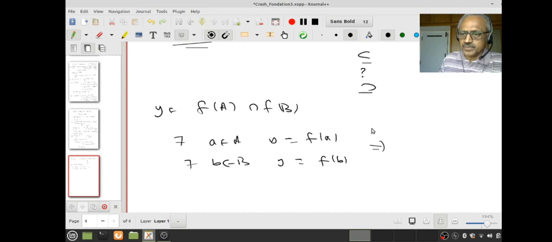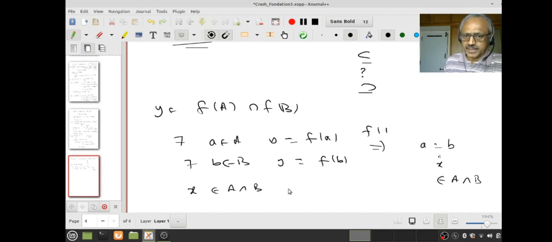Therefore, since f is 1-1, this implies a must be equal to b. But a is in A, b is in B. That means, call this a common element x. This is an element of A intersection B. Therefore x, the common element, belongs to A intersection B, and y equals f of x. That means y belongs to f of A intersection B.